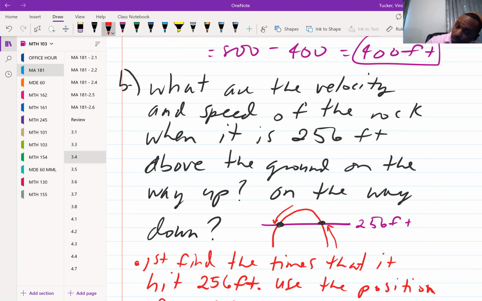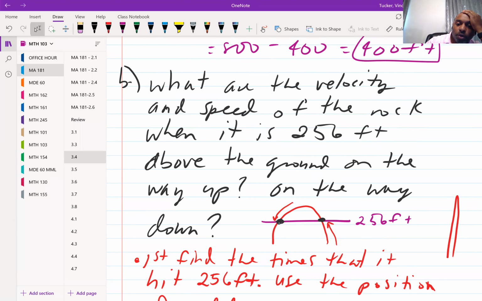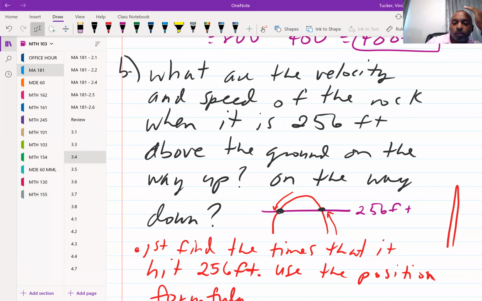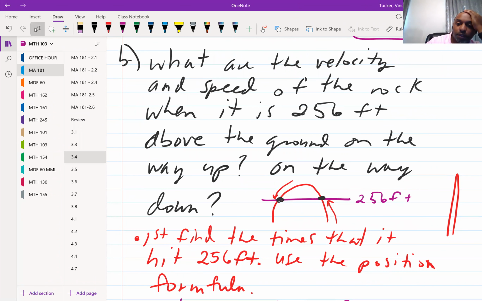Even though it's going straight up and straight down, no matter how skinny the parabola is, it's still a parabola going up and then coming down. First we want to figure out when it is 256 feet. It's going to be two different times when this rock is 256 feet, once on the way up and the other on the way down.